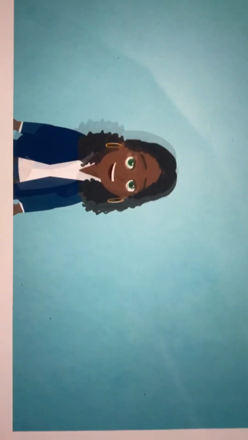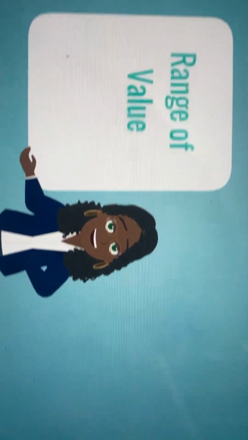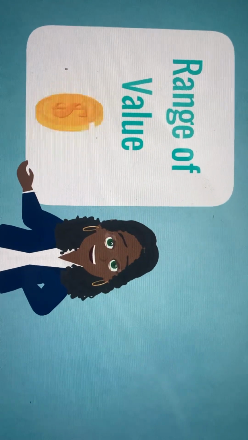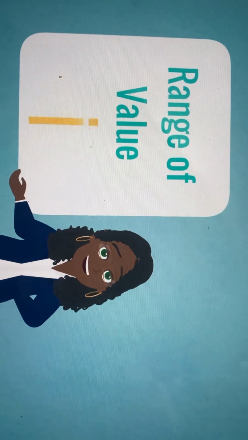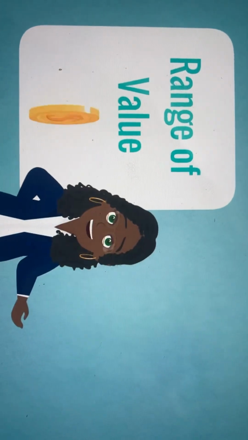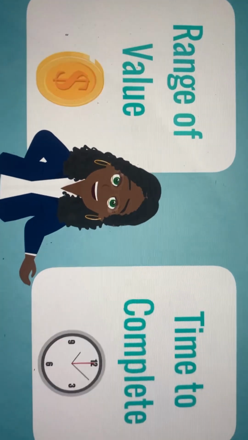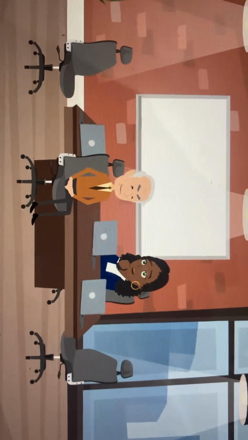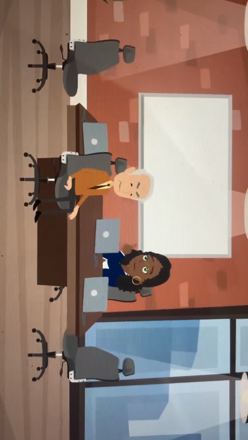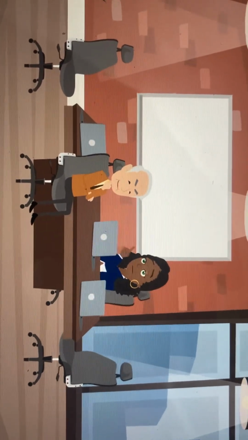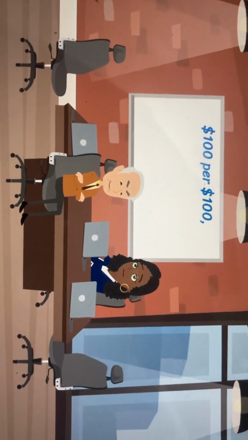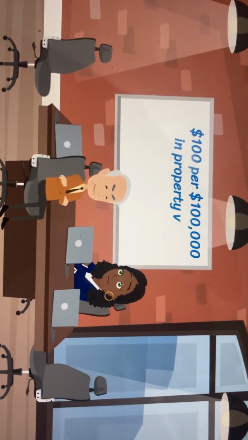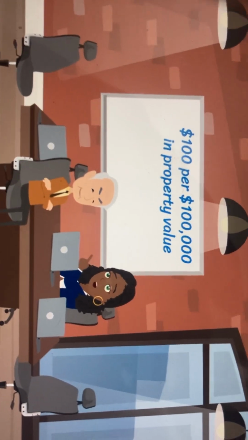Case Study 1. Predetermined value. To appraiser J, there is a clear correlation between the range of value within which they believe the property will appraise, if an appraisal were to be completed, and how long an appraisal assignment takes to complete. Thus, just prior to agreeing to perform every appraisal assignment, appraiser J informs the client that the fee will be $100 per $100,000 of the appraiser's stated estimated value range.